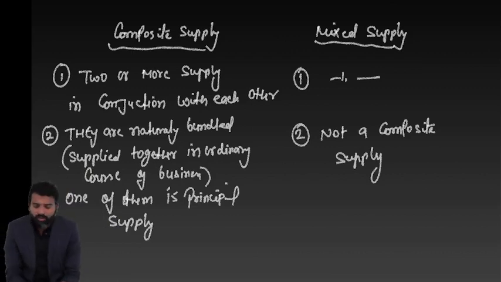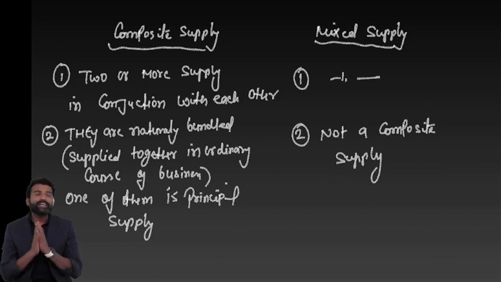Now, interesting thing is, if two or more supplies are in conjunction, but they are not naturally bundled, meaning they are not ordinarily supplied together, and one of them is not a principal supply, then we can say it is a mixed supply. So we can categorize our supply into two parts, whether it is composite or mixed.